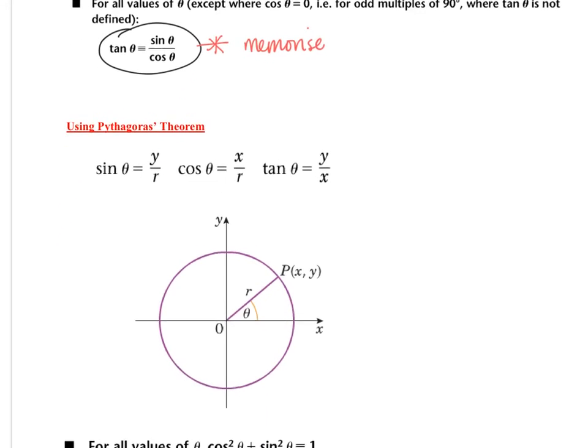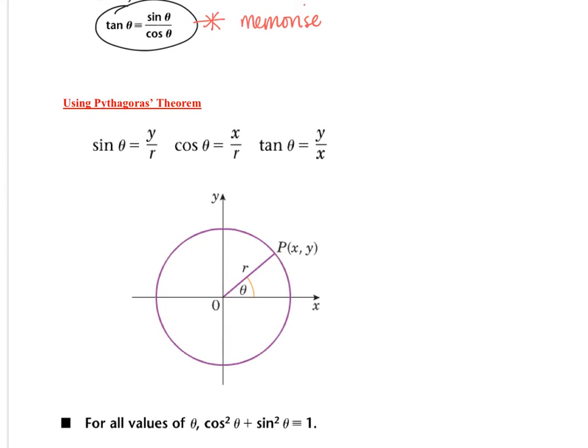The unit circle, which we came across before when we did the circles, or just the equation of a circle, you can see here if I drop a perpendicular from P, we get a right angle triangle, and from using our GCSE trigonometry, the SOHCAHTOA, so we're looking at SO, CA and TOA, we can see here that we can find sine theta as the opposite over hypotenuse, cos theta as adjacent over hypotenuse.